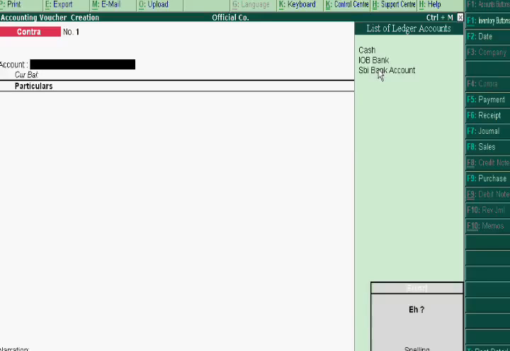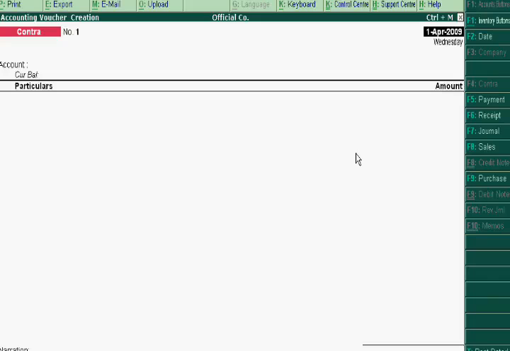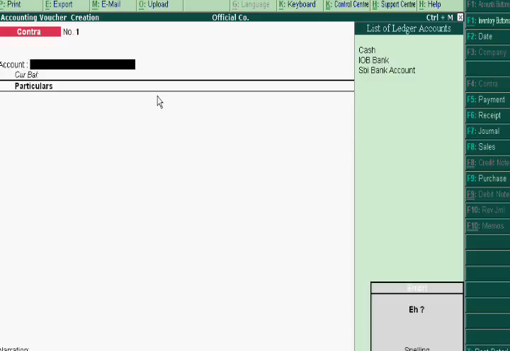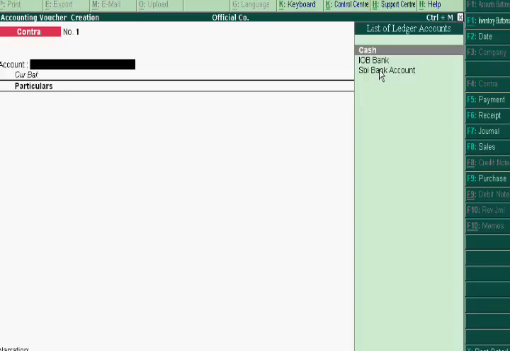We have already created two bank accounts. One is IOB bank account, and the other is SBI bank account. Suppose if we want to deposit money in any other bank, we have to create that bank account.